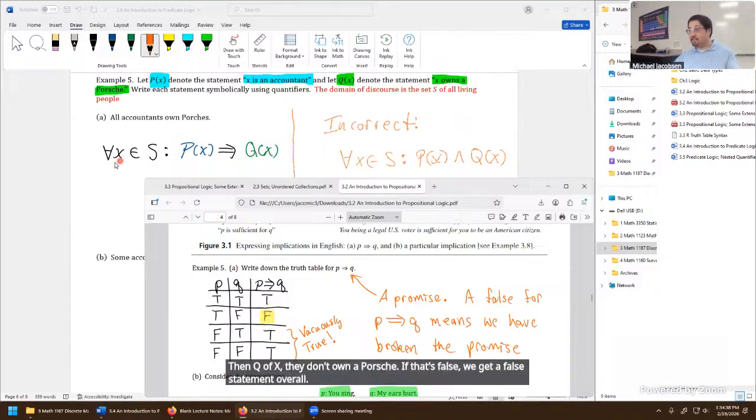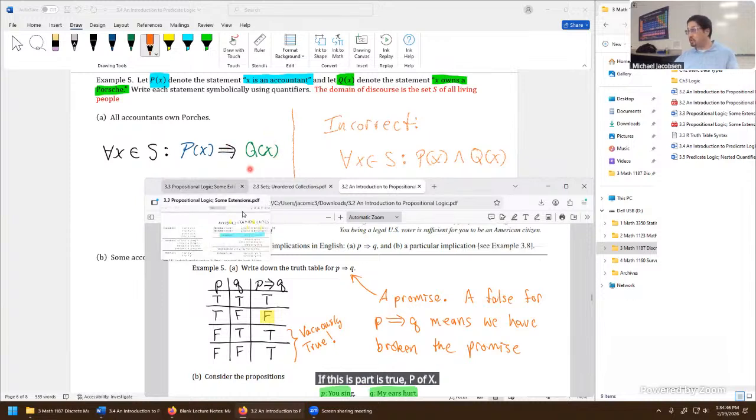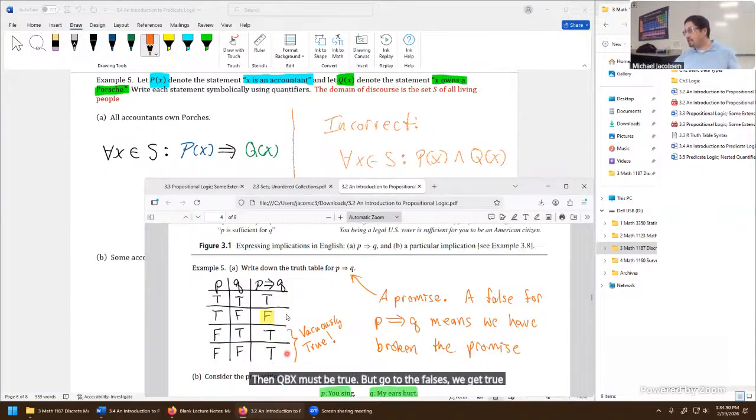But this is saying for all X, if this part is true, P of X, then Q of X must be true. We go to the falses, we get true vacuously. And this is the statement we'd be thinking of when we know we really have an accountant. So all accountants own Porsches really flows through this line. Vacuously true doesn't really matter on this one, because if they are not an accountant, that's okay.